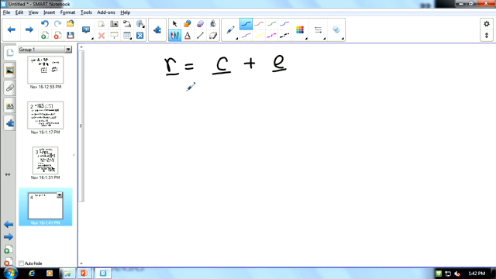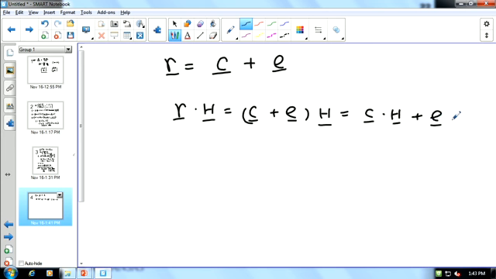Once we receive this vector R, what we do is we perform R times the parity check matrix H. This will give us (C plus E) times H. If we write it out, we have C times H plus E times H. And for C times H, as we have learned, it's always 0, because C is a valid code word.